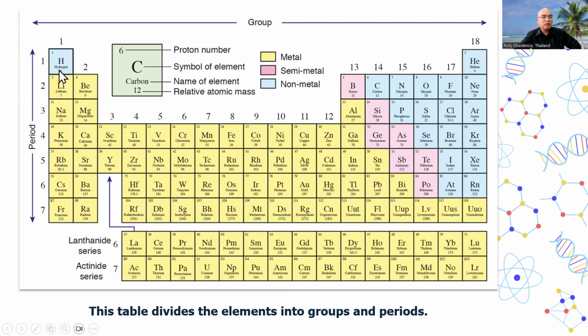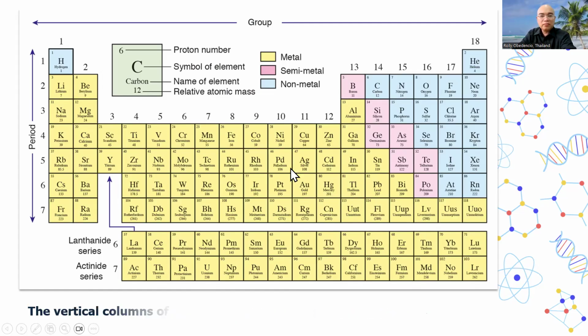So each one of them has this proton number and relative atomic mass. There's a lot in here. It's too much for me to mention all of them in a video like this, but you can download it, or screenshot this one, and you can find it somewhere. There's a lot of copies of it on the internet.